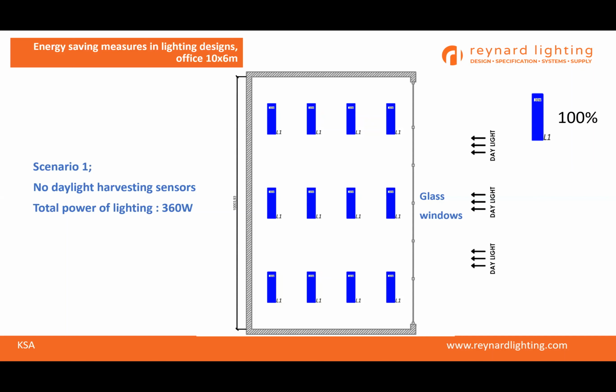Now, this is the base case, where on the right-hand side of the office space are glass windows, and there is plenty of daylight penetrating into my office space. But all the luminaires here are not daylight controlled, so they will be on all the time with full power and full output.